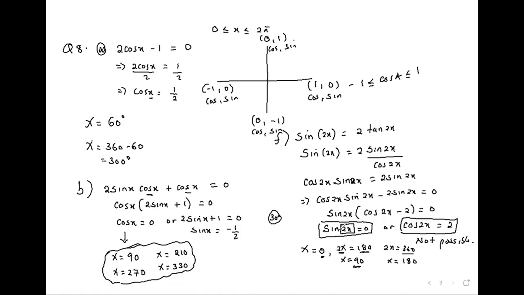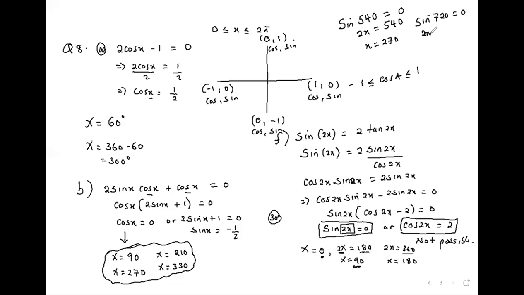Also, sin 540 is 0, since 540 is a coterminal angle to 180. If 2x is 540, we get x equal to 270. Another one is sin 720, which is also equal to 0.